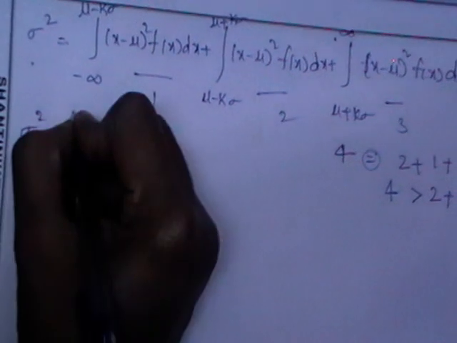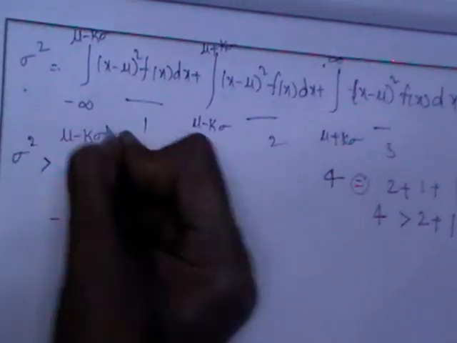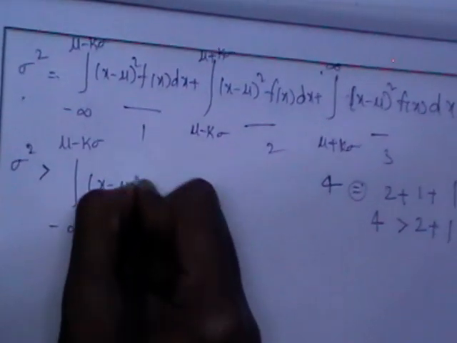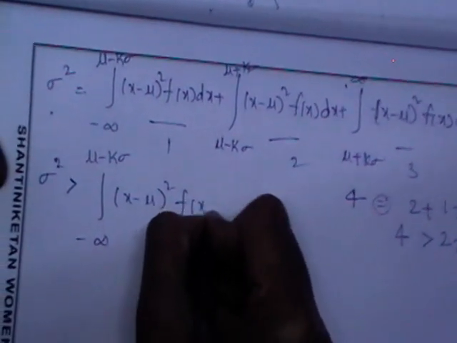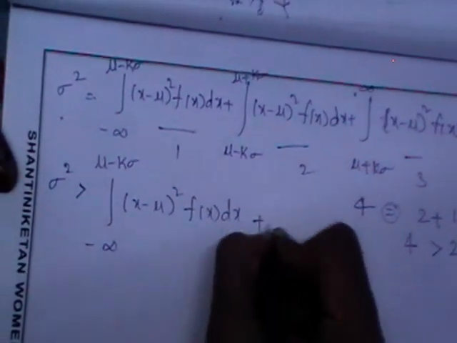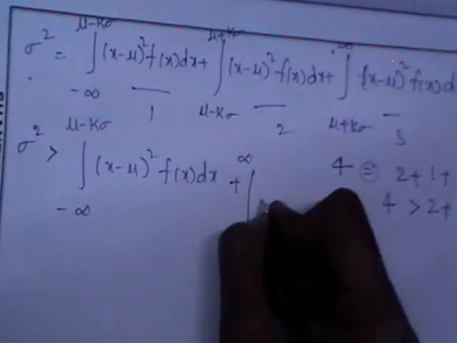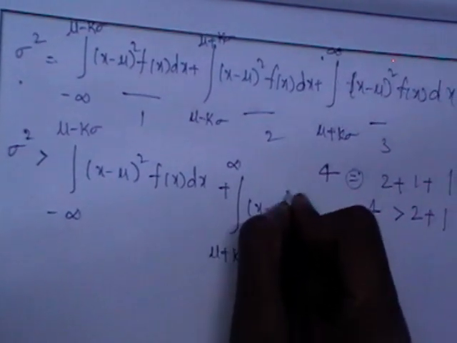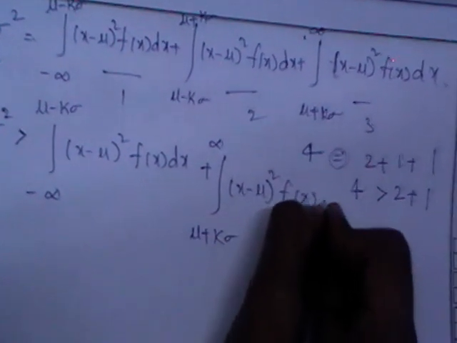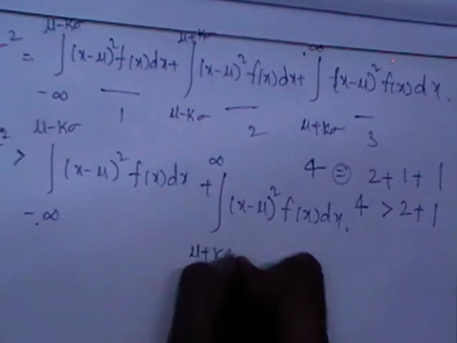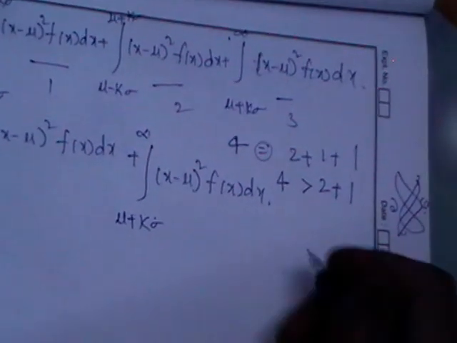From minus infinity to mu minus k sigma, I want to skip the middle term, so that equal to will be changed into greater than. I will write the last term again. So we have two terms here, and this equal to is being changed into an inequality.